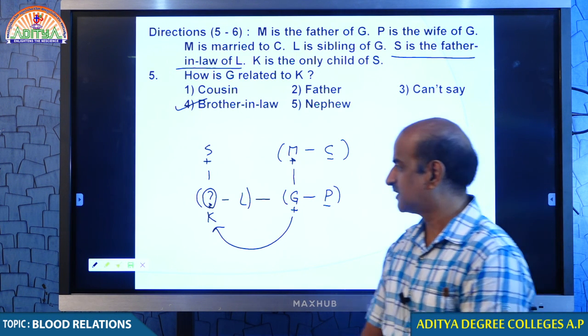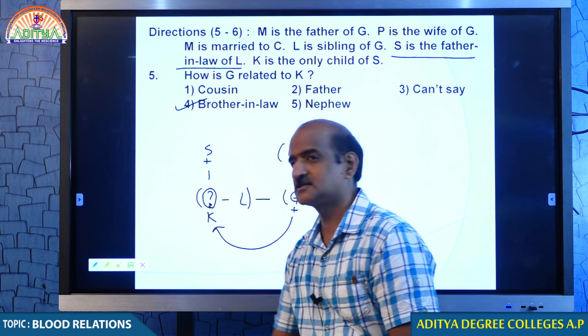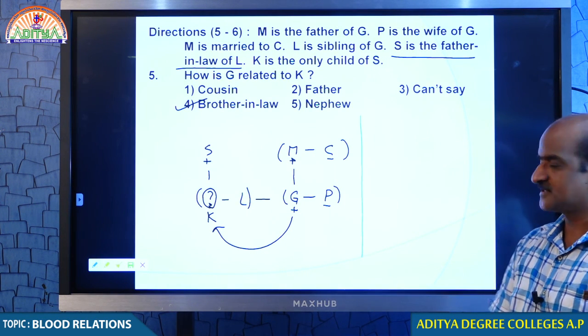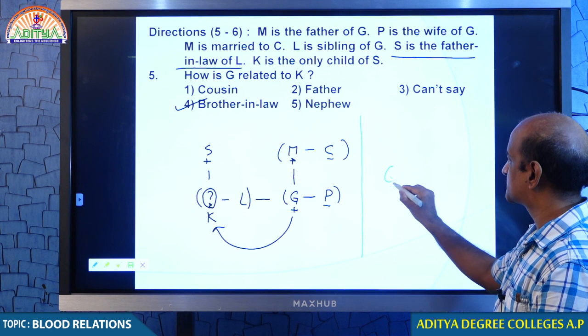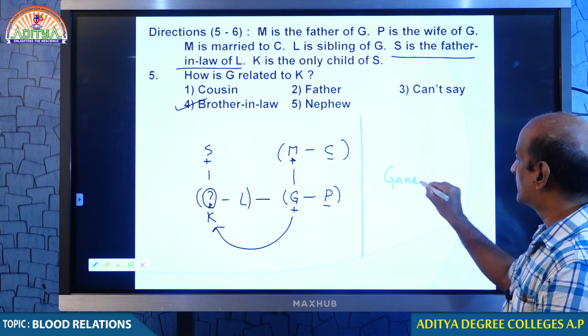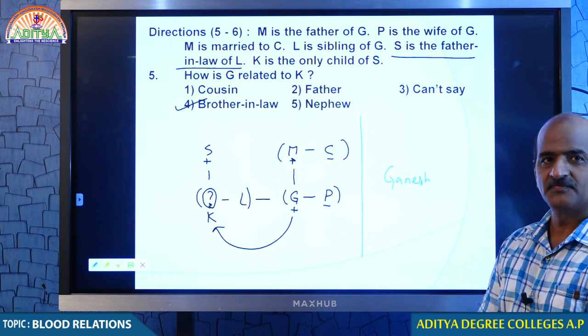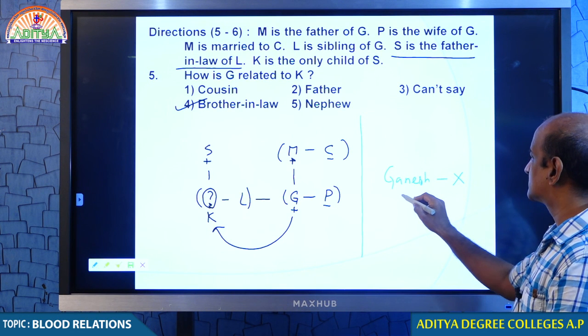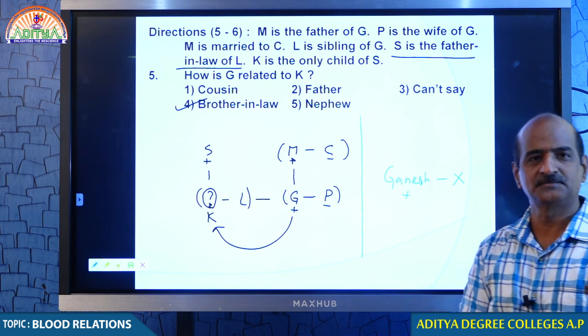Maybe yes. I have to give you one more example to clarify your doubts. My name is Ganesh, and I have one sibling X. My name is Ganesh and I am male.